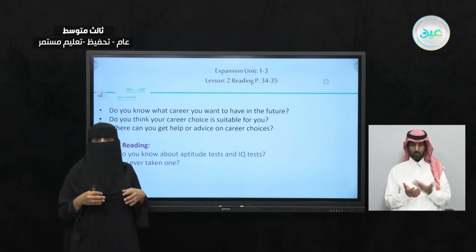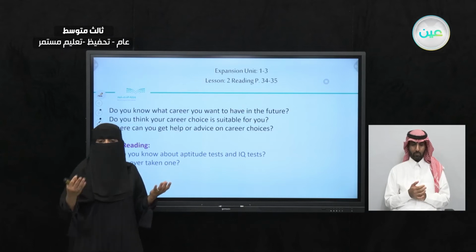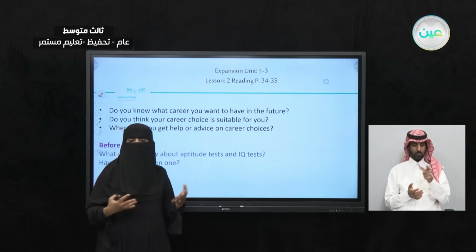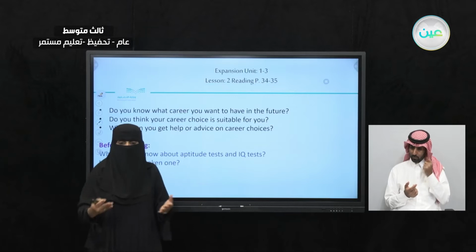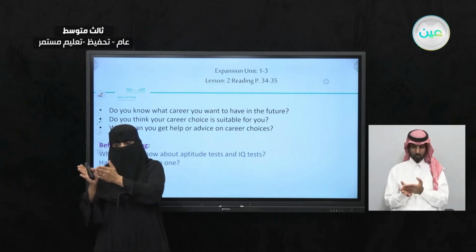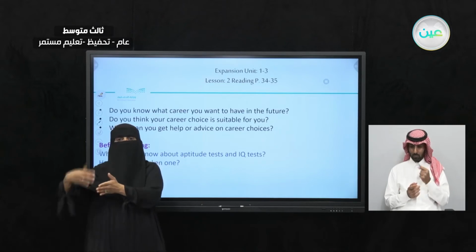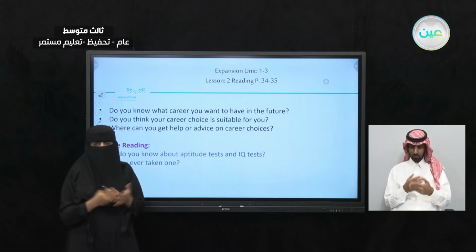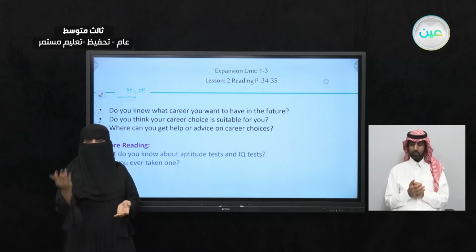And aptitude tests, I think the Ministry of Education included the aptitude tests in our education. They give you questions and they ask you about your talent. So they see if you are talented, then you will enter a program to enrich your talent. I think this program is there, for the gifted, in the Ministry of Education.